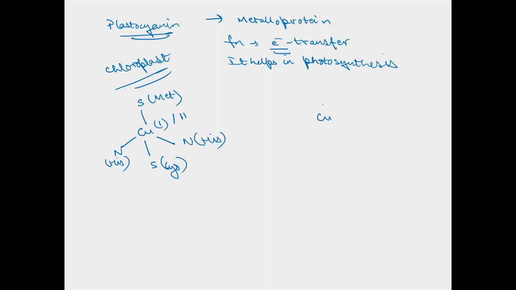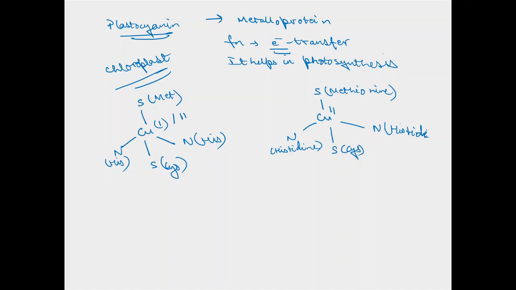So for the copper +2 compound also, it is coordinated to the same things: from methionine and from histidine, S from cysteine, and N from histidine.